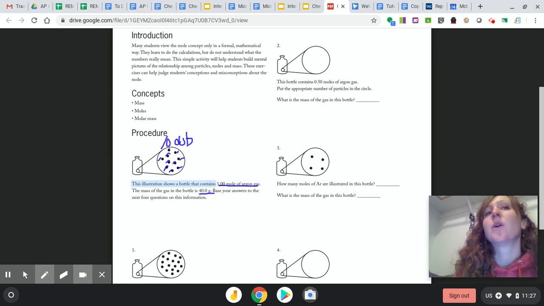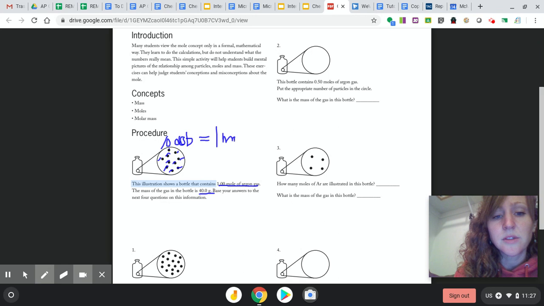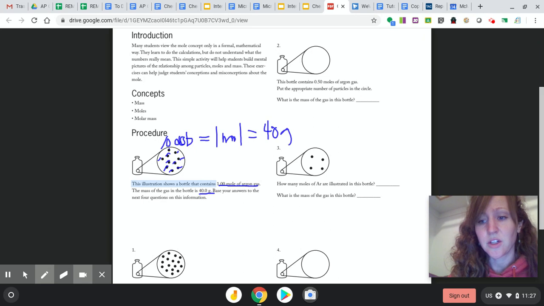They're all representing the exact same quantity in 3 different ways. We can represent the quantity in dots, we can represent that quantity in moles, or we can represent that quantity in grams.